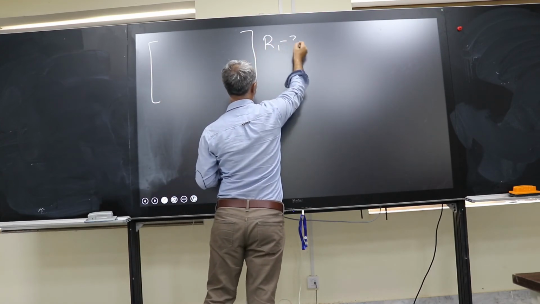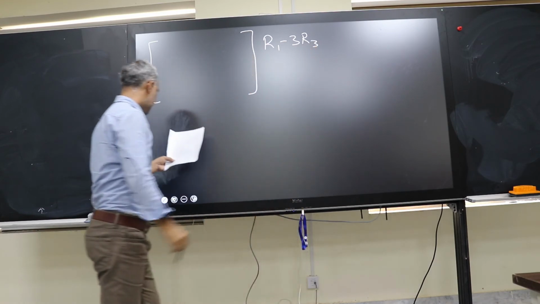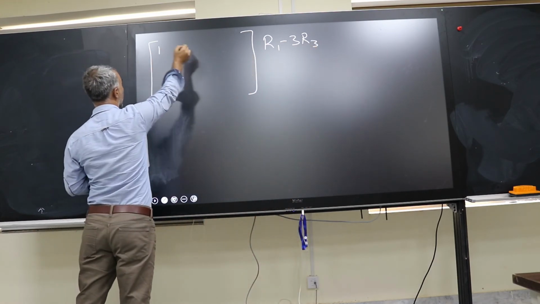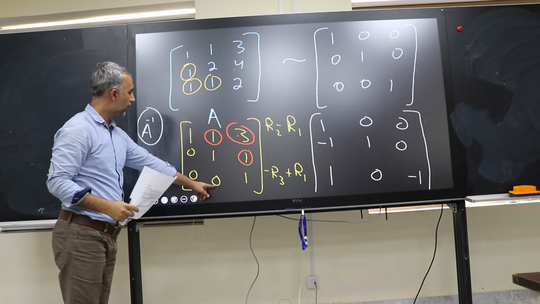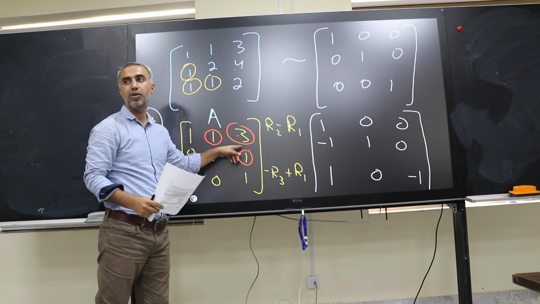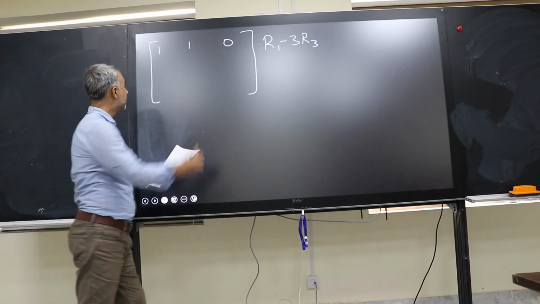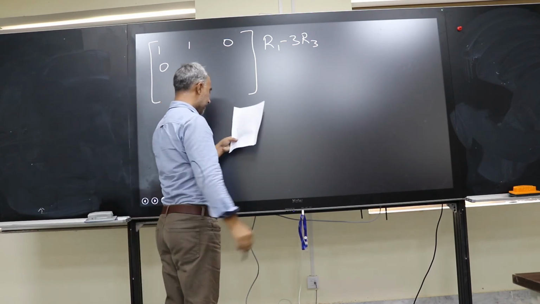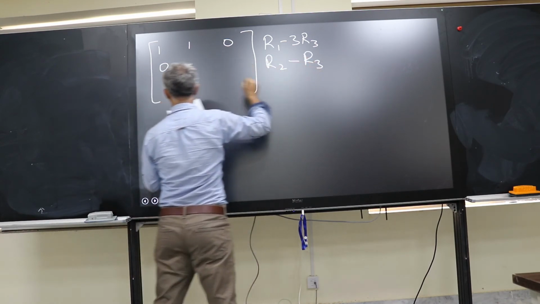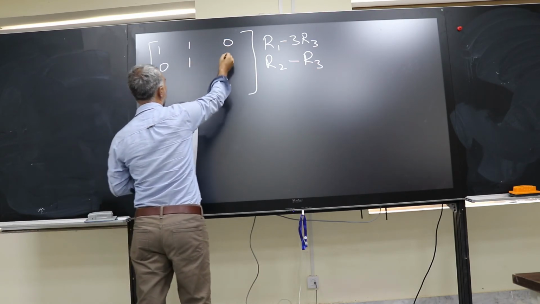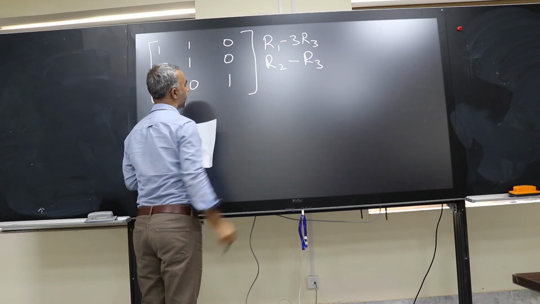Row 1 minus 3 times the third row, we will get 1 1 0. Here 0 0, so only this will be cancelled out, so 0. For the second row, R2 minus R3, we will get 0 1 0, so 0 0 1.